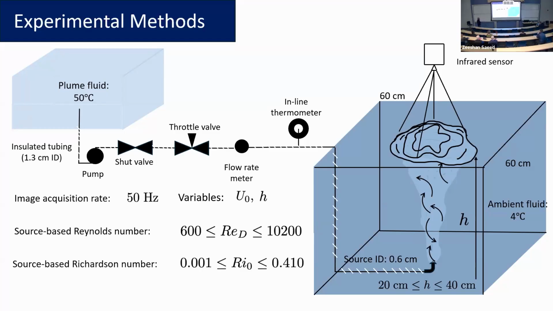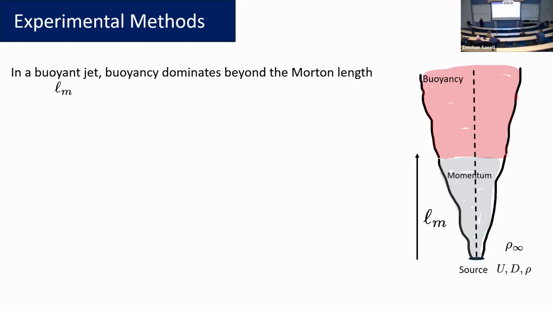Now, I do have a buoyant jet, and in this regard, it is a bit different than a pure plume and a pure jet. In a pure plume everything is driven by buoyancy, and in a pure jet, everything is driven by momentum. And rarely in practice do we encounter a pure plume or a pure jet. There are almost always some temperature differences that are influencing the flow. So there is a transition region.